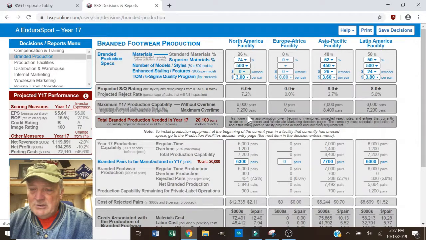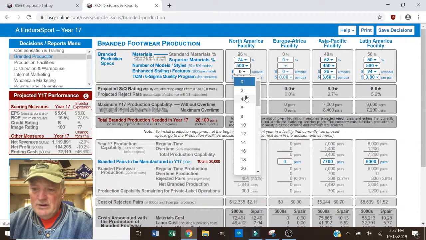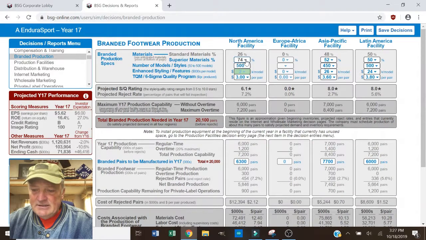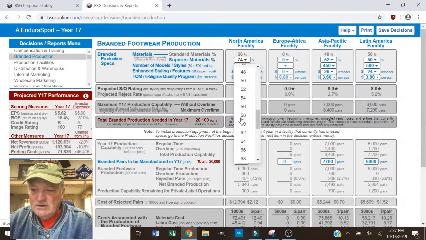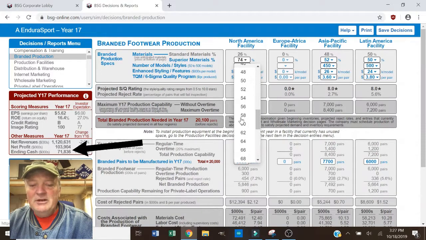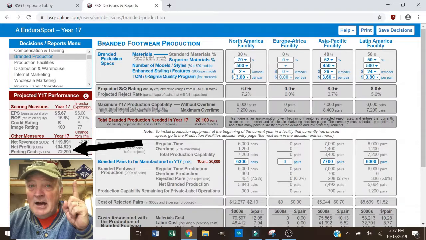So what I'm going to try to do is, now I'm at 74%. So I'm going to go to 2 and see what, now I'm going to have to decrease this. I'm still at 6. Let's see if I can go to 68. Nope, I have to go to 70. Usually it's about 4 points per. So now I'm at 72,299,000, so it went up.